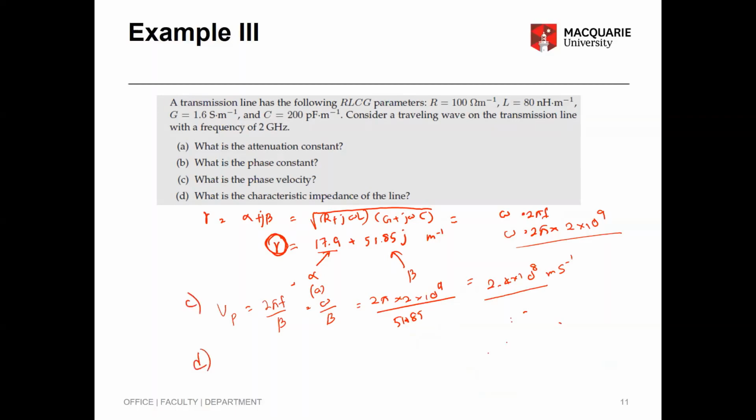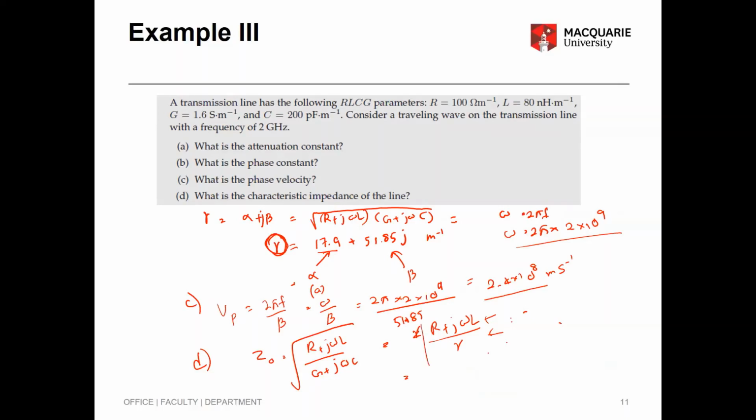Part D: what is the characteristic impedance of the line? So that is asking about Z naught. It's the square root of (R plus j omega L) over (G plus j omega C), or you can also say (R plus j omega L) divided by gamma, because you already know gamma. So you can substitute these values, and again it's a complex number divided by a complex number. You can either use MATLAB, or you can change this to phasors and then work it out.